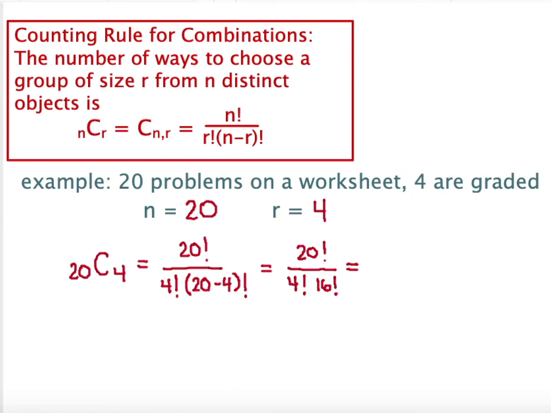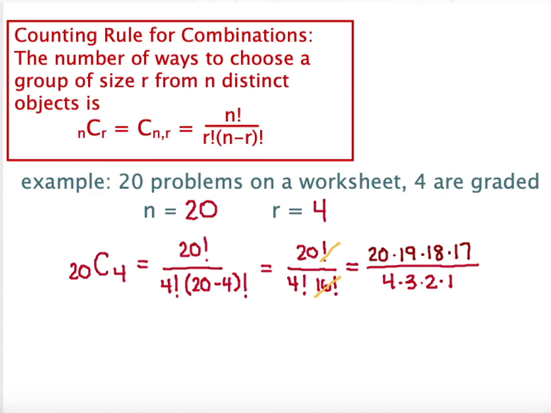And if we apply that same hack where we would cross off 16 on down with the 16 on down from 20 factorial, that would leave us with the 20 times 19 times 18 times 17 only. The 16 factorial would be gone, and then we'd have our 4 times 3 times 2 times 1 on the bottom.